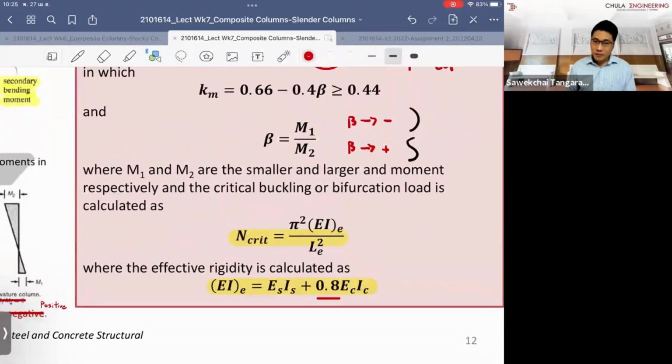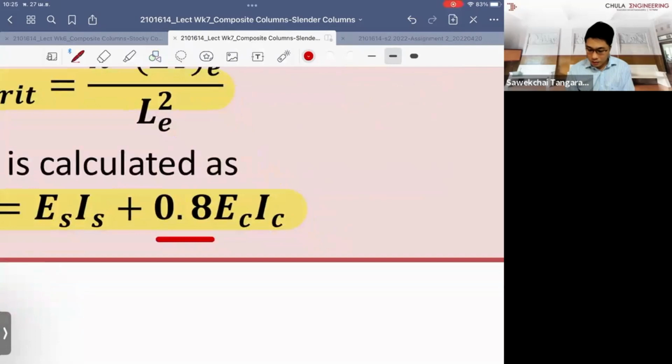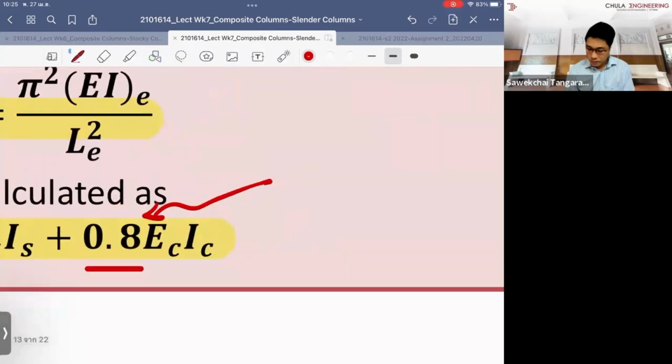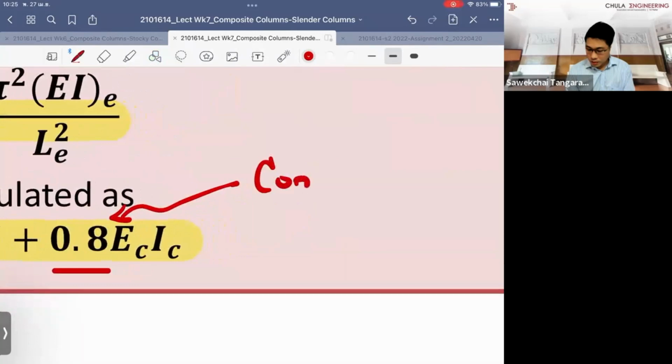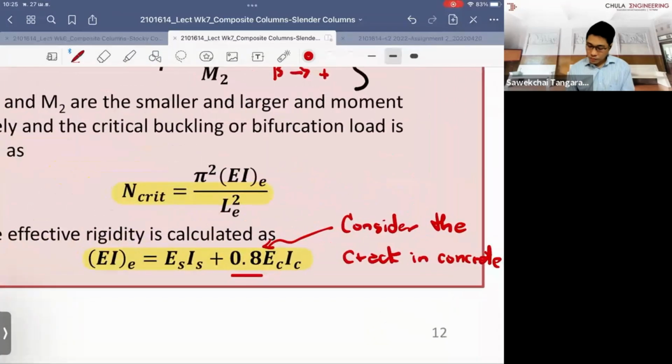The reason why they reduce the EI, which is the stiffness of the concrete, by 20%, so they use up to 80%, is because they take into account the crack in the concrete. Right, just keep in mind.